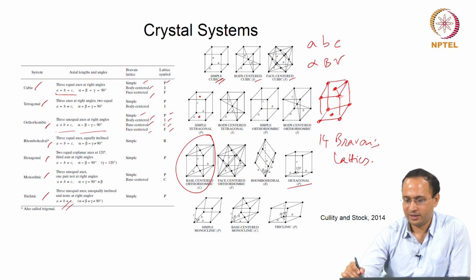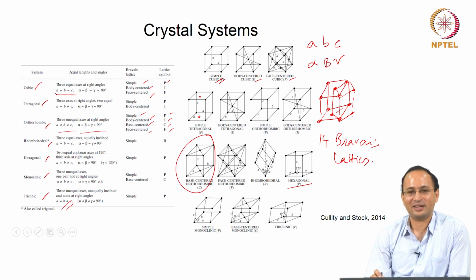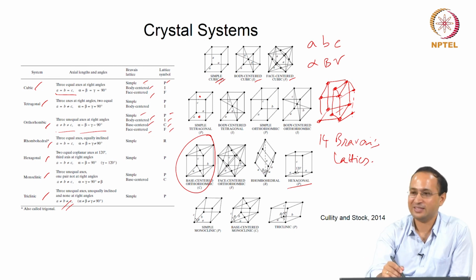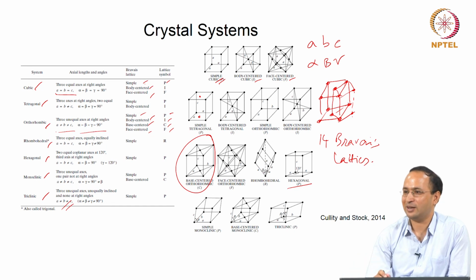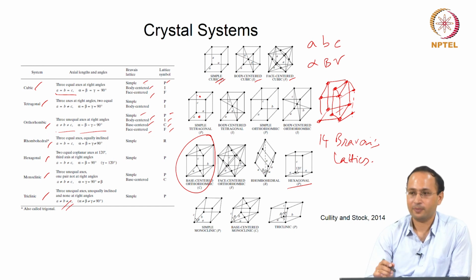Basically what I am saying is, this is nothing but your simple tetragonal. So that is not unique, that is the point, this is not unique. If you think about this, this is your simple tetragonal. These are the unique Bravais lattices you have.